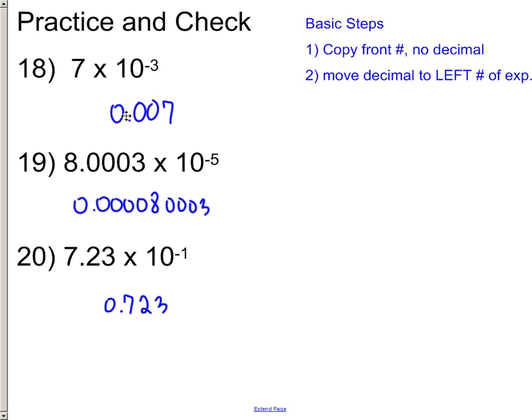So again, I copied down the front number and then I moved it to the left the number of times this exponent is showing. So 1, 2, 3. It was right here, and so 1, 2, 3, 4, 5. And right here, 1.